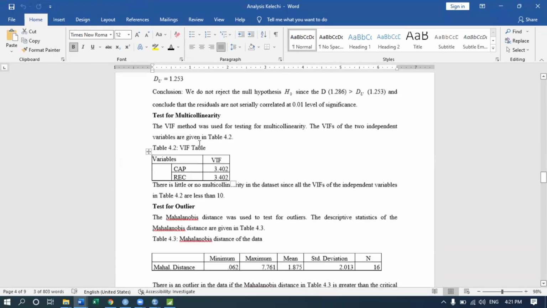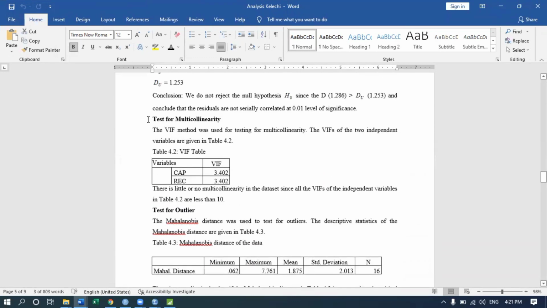So you must do the assumption before you do the analysis. So test for multicollinearity. So look at the VIF. The VIF method was used for testing for multicollinearity. The VIF of the two independent variables are given in table 4.2. There is little or no multicollinearity in the data set since all the VIFs of the independent variables in table 4.2 are less than what? 10.